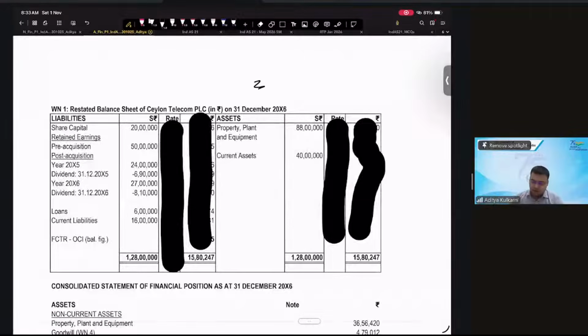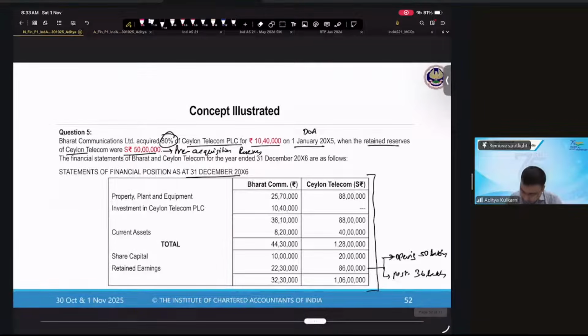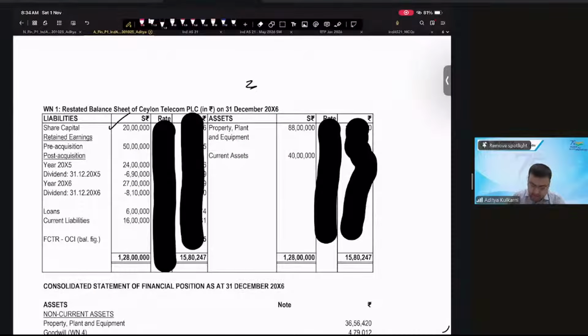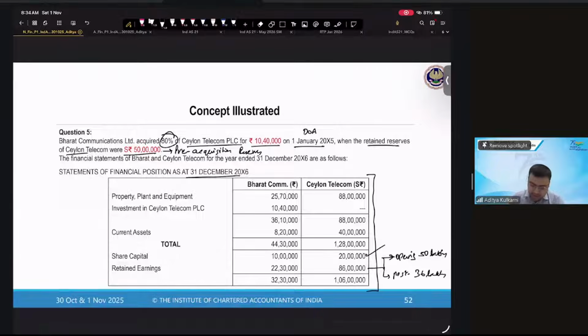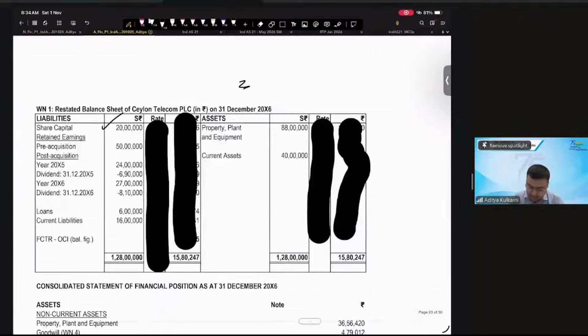Our first job will be to convert the Sri Lankan trial balance into rupees. That is the starting point. So first one, share capital 20 lakhs. Retained earnings, they have given 86 lakhs, but out of that, they have given pre-acquisition as 50 lakhs. Yes or no? Yes.